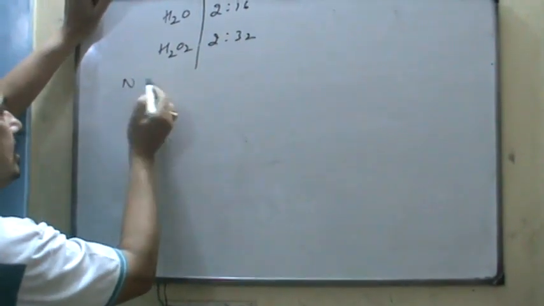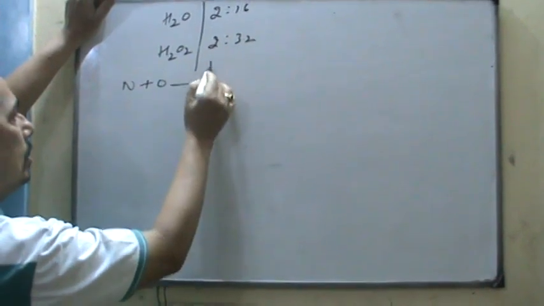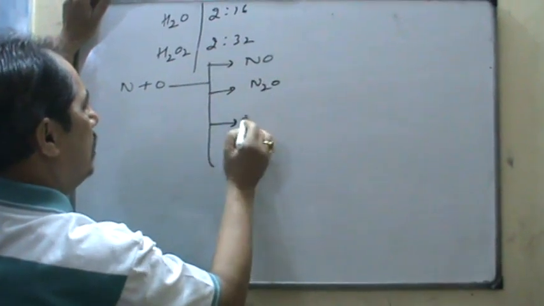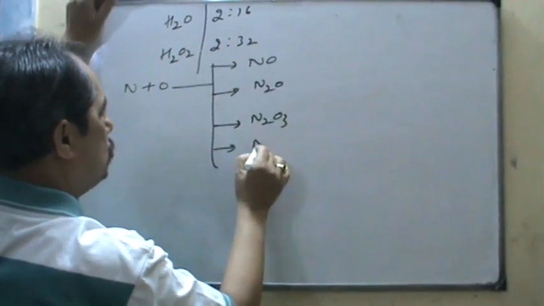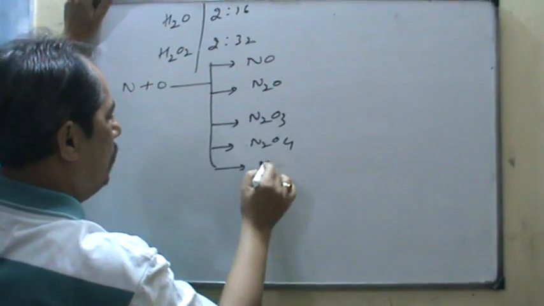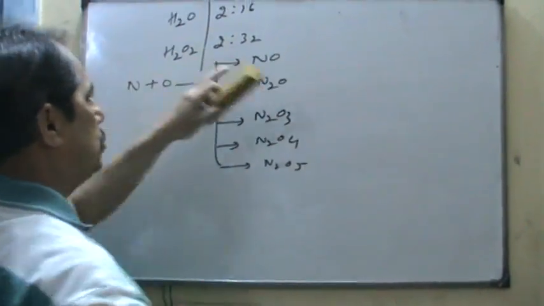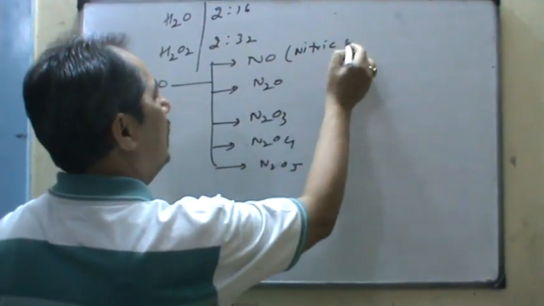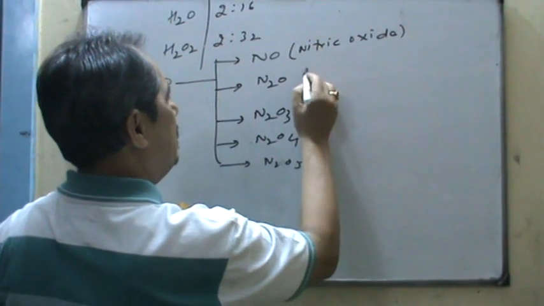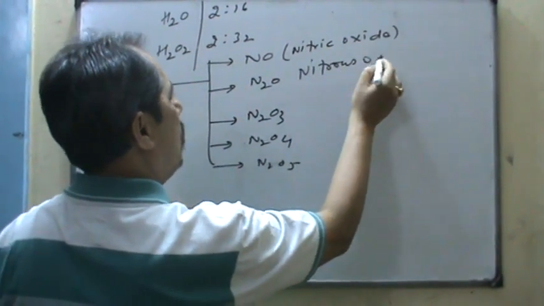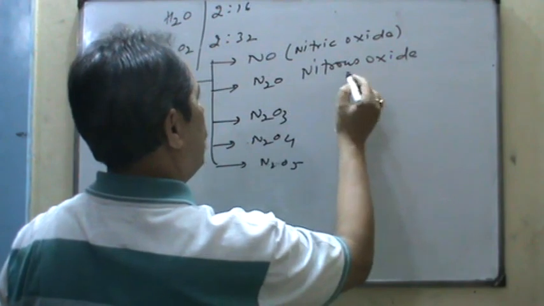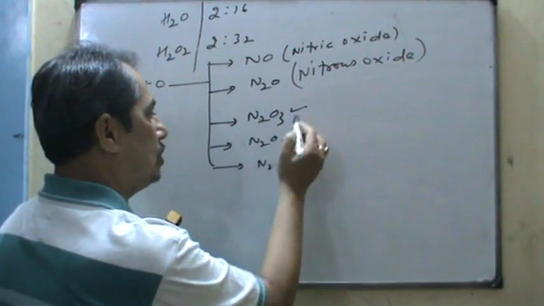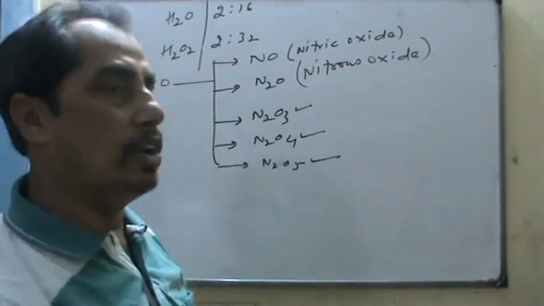In that way, I give you homework so you can prove that nitrogen and oxygen, when combined, form various compounds: NO, N2O, N2O3, N2O4 and N2O5. To get the fixed mass of nitrogen, it is nitric oxide, nitrous oxide, also known as laughing gas, dinitrogen trioxide, dinitrogen tetroxide and dinitrogen pentoxide.